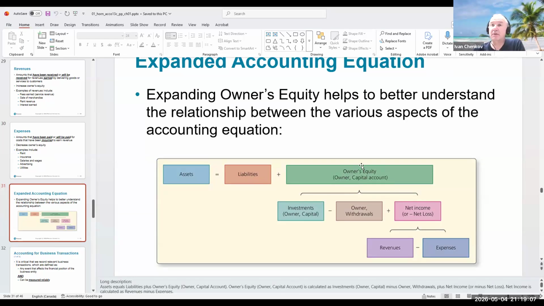Now, under the owner's equity, we're going to have what the owner invested, minus what he withdrew from the company, plus whatever the business generated as net income, which is revenue minus expenses. If the expenses are more than the revenue, sorry, Mr. Owner, but you generated a net loss. So your equity is going to go down. Next period, make sure that the revenue is more than expenses.